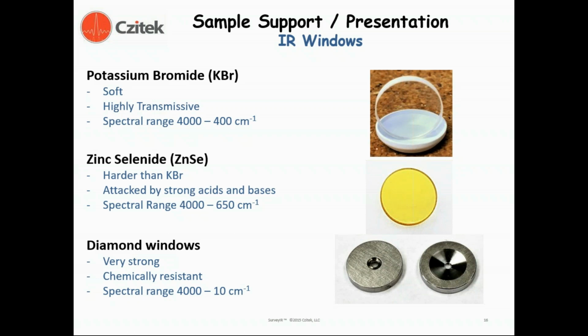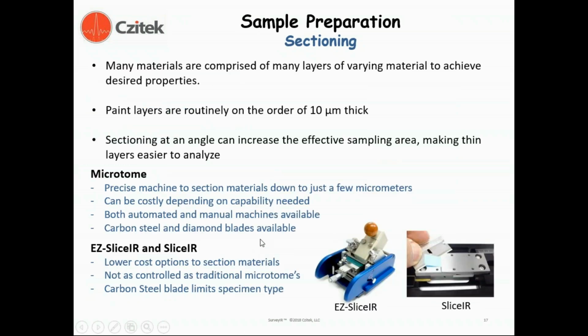The spectral range extends from the far infrared all the way up to close to the UV, so we can observe samples in transmitted light illumination, reflected light illumination, etc. The diamond windows that we fabricate fit within that 13 millimeter diameter size, so they're interchangeable in the cell or the 3-hole slide mount with these other infrared substrates.